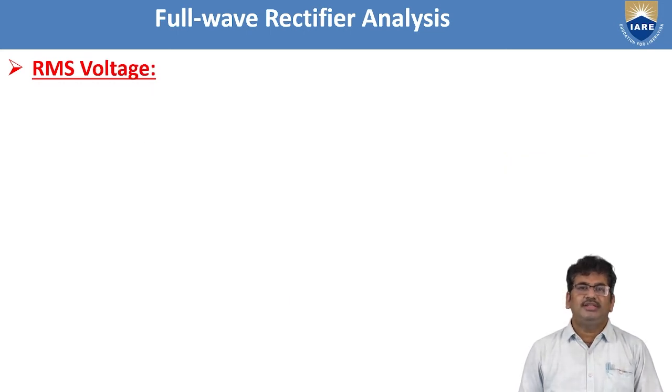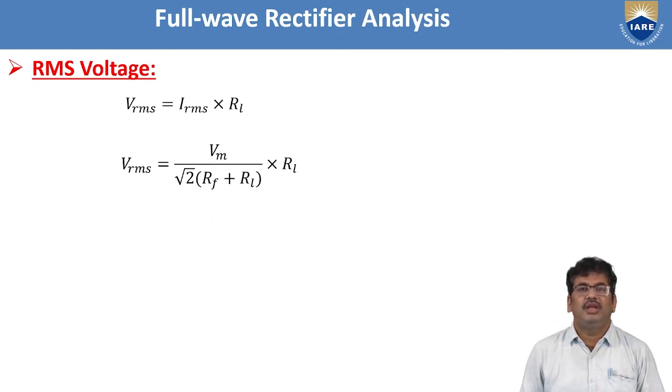The fourth parameter is RMS voltage. The RMS voltage Vrms is given as IRMS into RL. Substituting IRMS as Vm by root 2 into Rf plus RL, into RL.